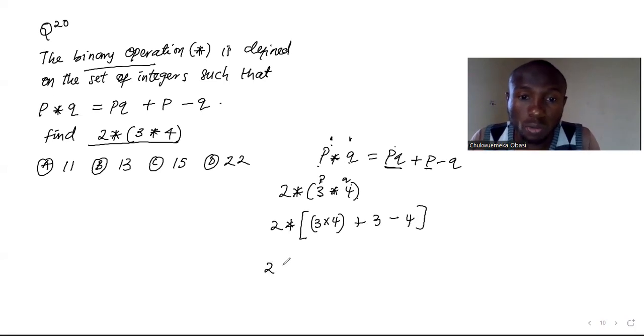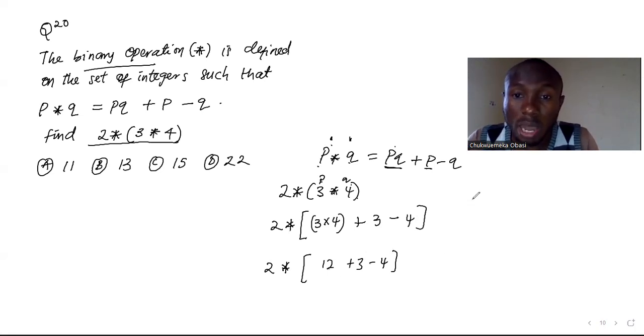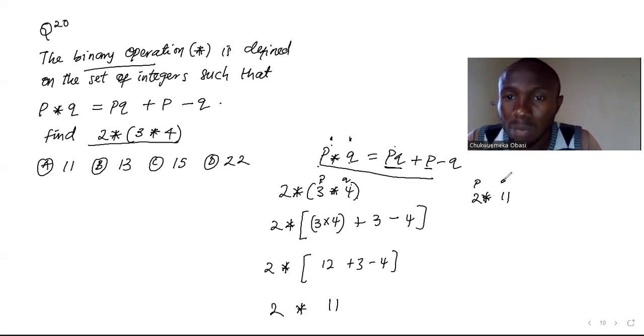So now you have 2 asterisk, and 3 times 4 is 12, plus 3 minus 4. 12 plus 3 is 15, and 15 minus 4 is 11. So now we have 2 asterisk 11. We need to solve this with the same rule of combination. This is my p and this is my q.